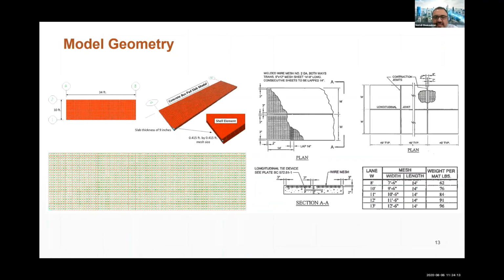So basically, by considering the springs as a support and boundary condition, we try to mimic the two-way slab performance of the concrete bus pad, because a one-way slab cannot be considered because of the length of this.